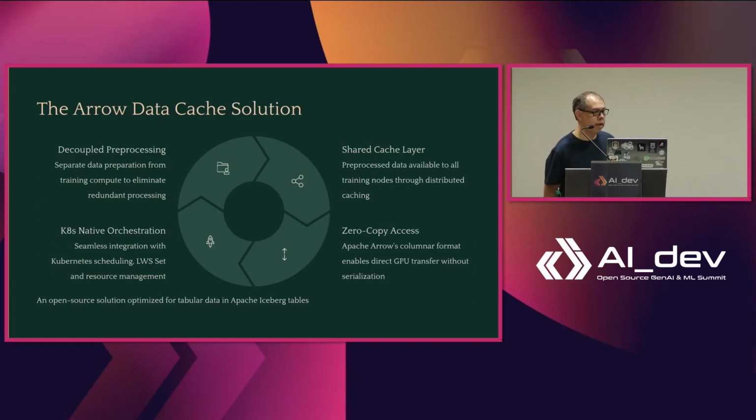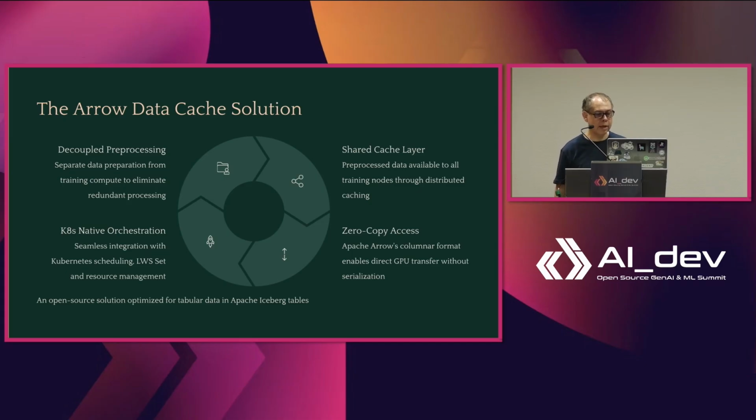So here's our Arrow data cache solution. With this solution, we are decoupling the data preprocessing, so the preprocessing is done ahead of time. It supports Kubernetes, so it runs on top of it, and it uses new mechanisms, for example, LeaderWorkerSet, LWSet, which is a pretty recent feature in Kubernetes, and it allows you to have a head node with multiple workers.